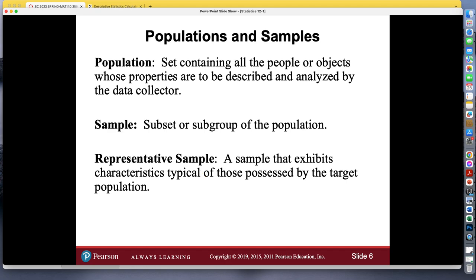You don't take everything, you take a sample. A representative sample is taken in a way that means that it represents the whole group. So you've got a diverse cross section. So if there's 6% female or 20% this or whatever, you've got that in your sample, so it looks very much like your population.